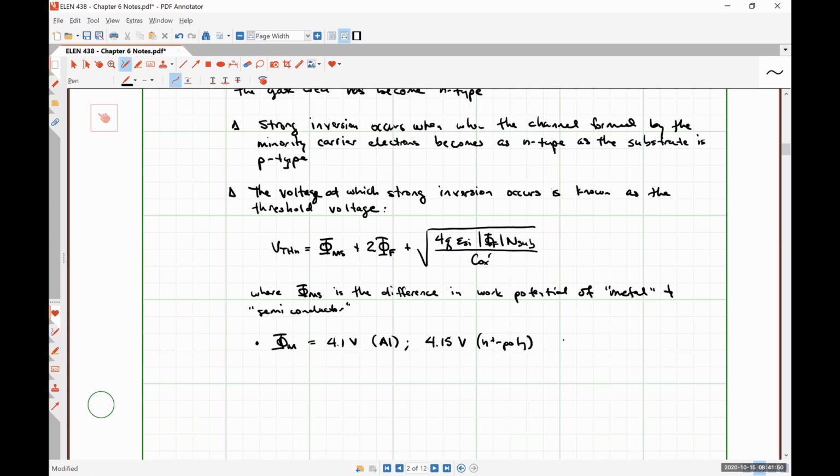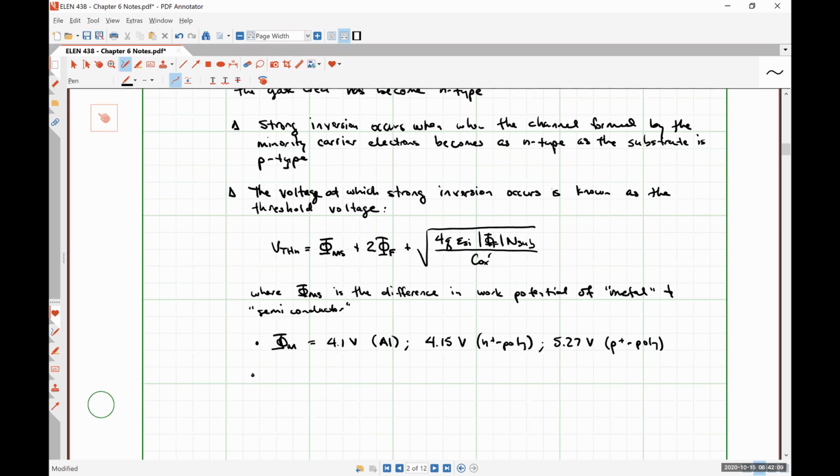So we can see that the change for an NMOS transistor is very small between the aluminum and the polysilicon, but for a PMOS transistor, 5.27 volts. So pretty appreciable difference in performance.